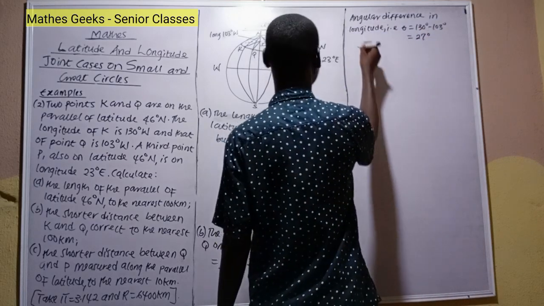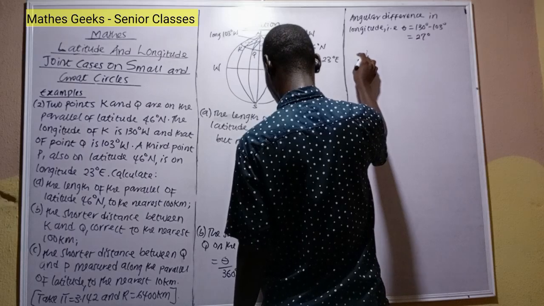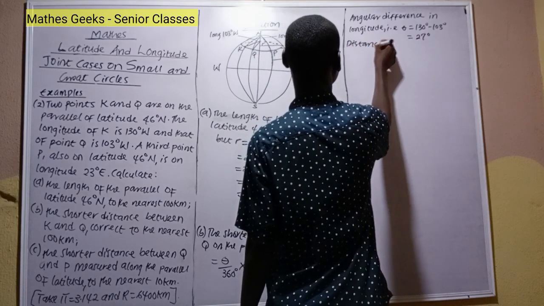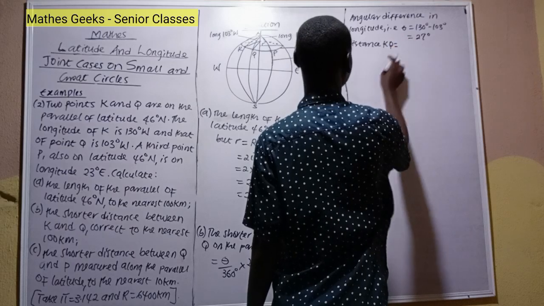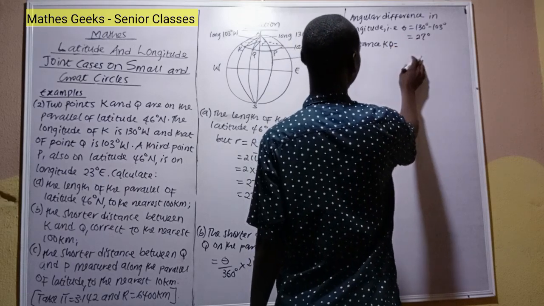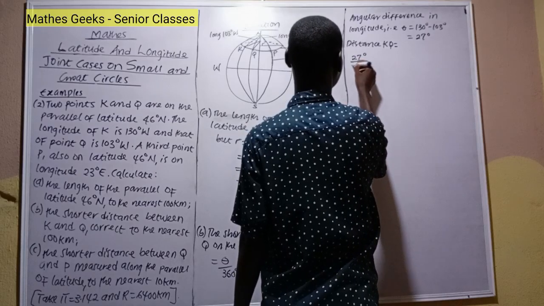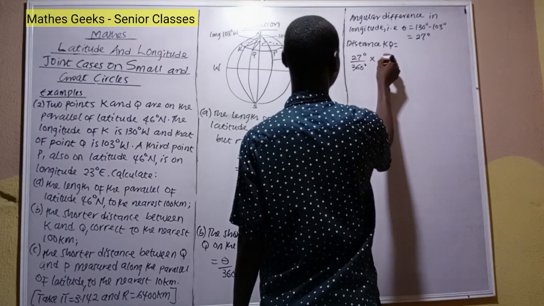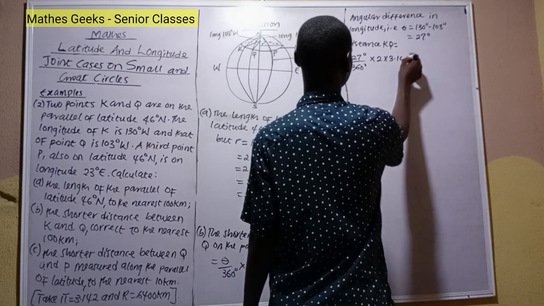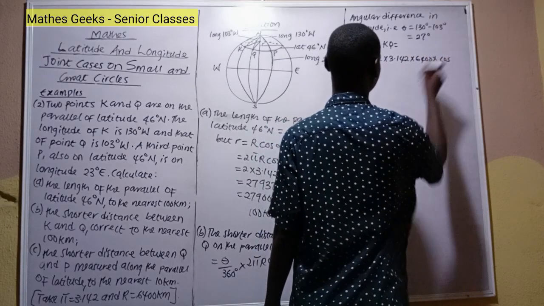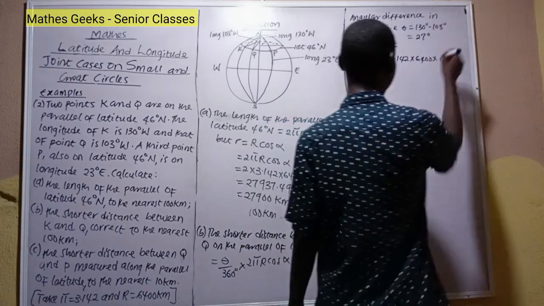So distance KQ is equal to 27 degrees over 360 degrees times 2 times 3.142 times 6,400 times cos 46 degrees.